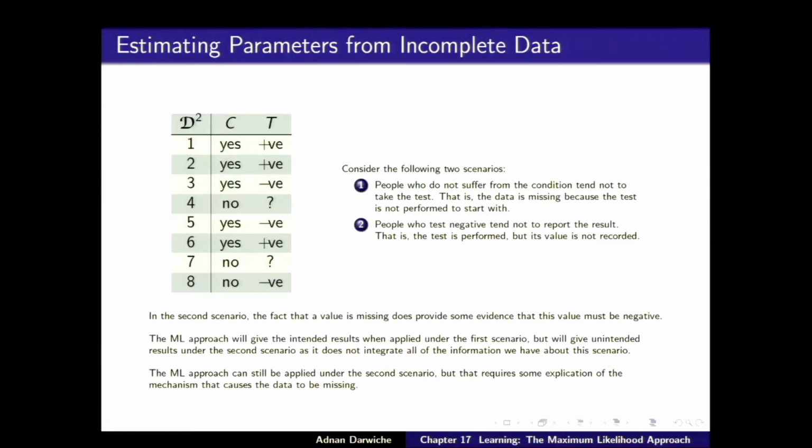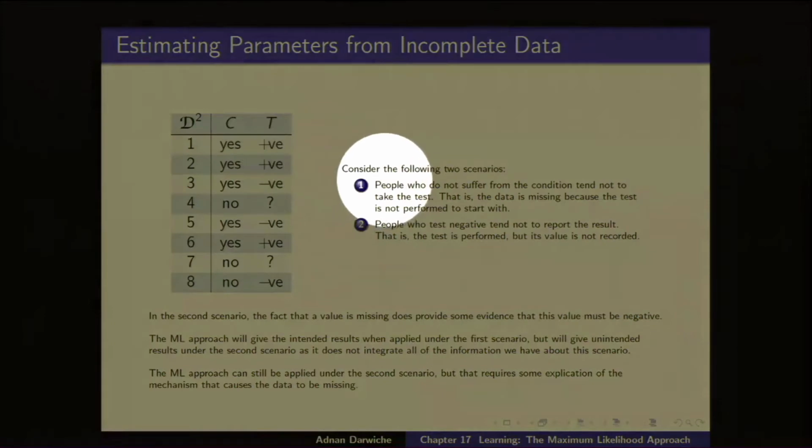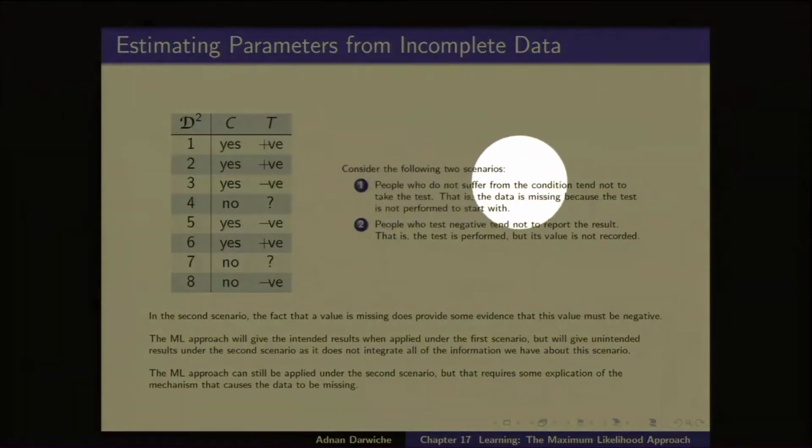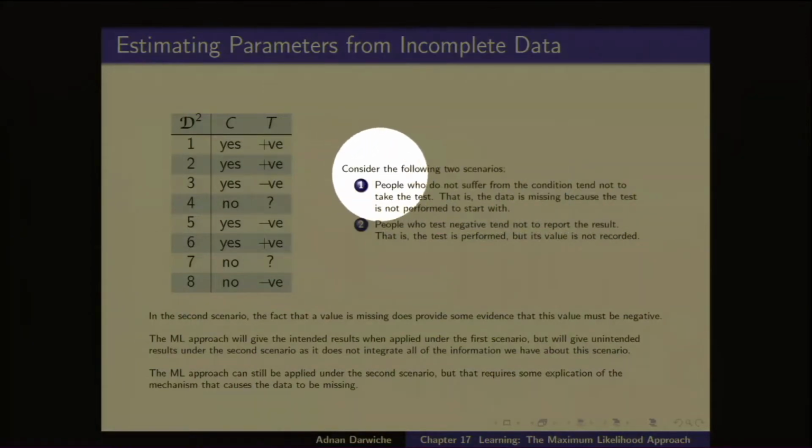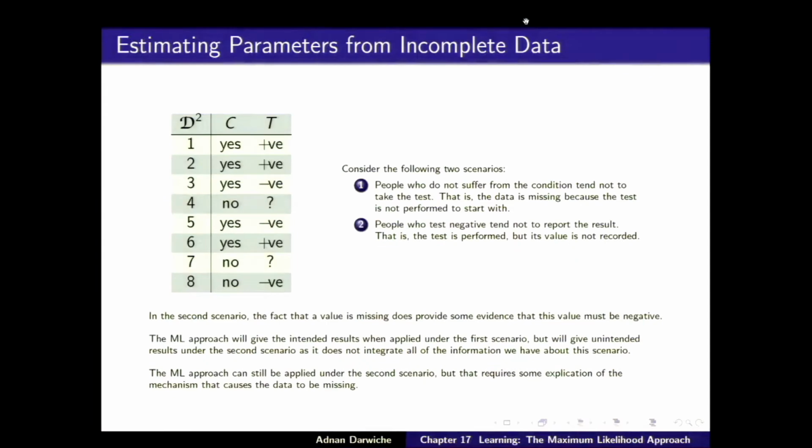There's this question about why is the data missing? Consider the following two scenarios. Scenario one says people who do not suffer from the condition tend not to take the test in the first place. That is, the data is missing because the test was not performed to start with. Now look at the second case.